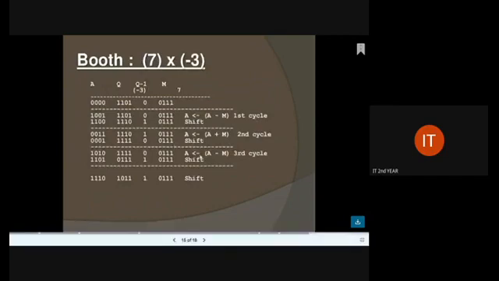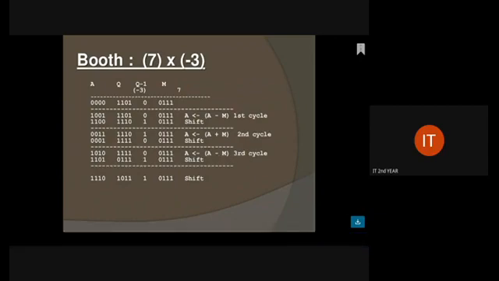Finally, during the shifting process of this shift register in the third cycle, we are doing A tends to A minus M. As we have initialized the value of A as 4 zeros, after the third cycle we will get the count value as 0.